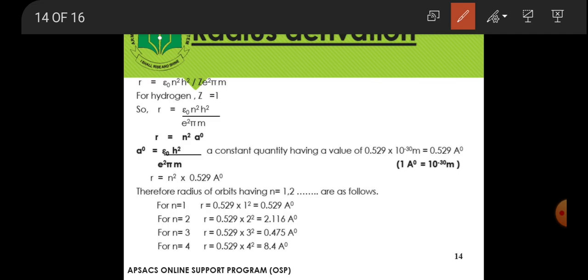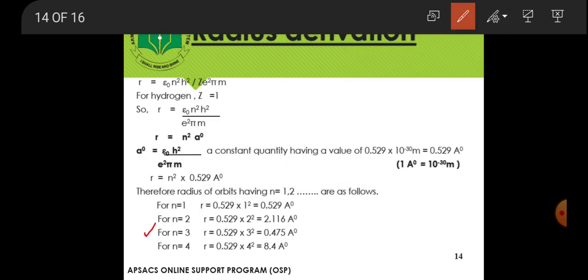Let's calculate the radius for the second orbit. For the second shell, n value is 2. So r is equal to 0.529 into 2 square, and the value will be 2.116 angstrom.